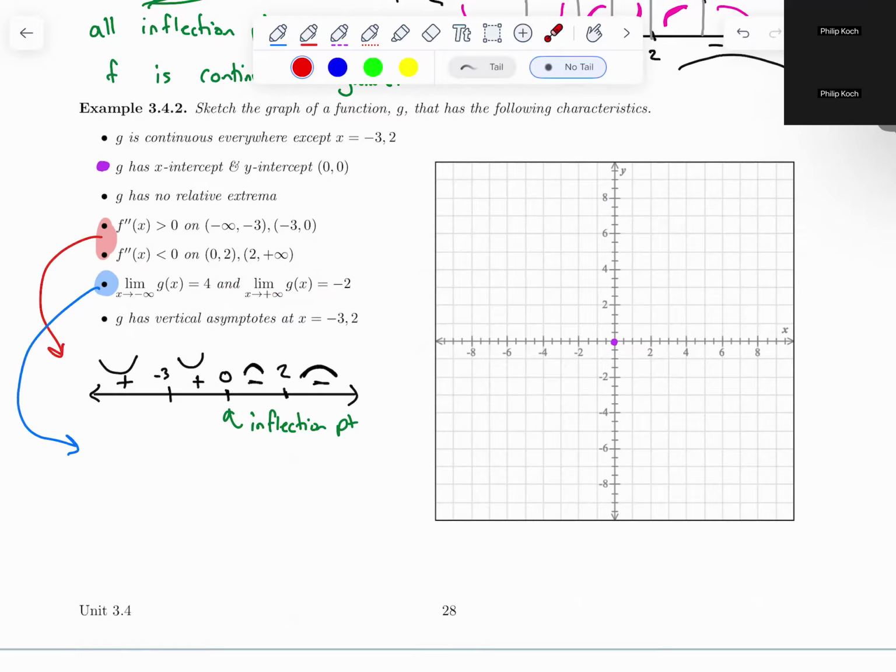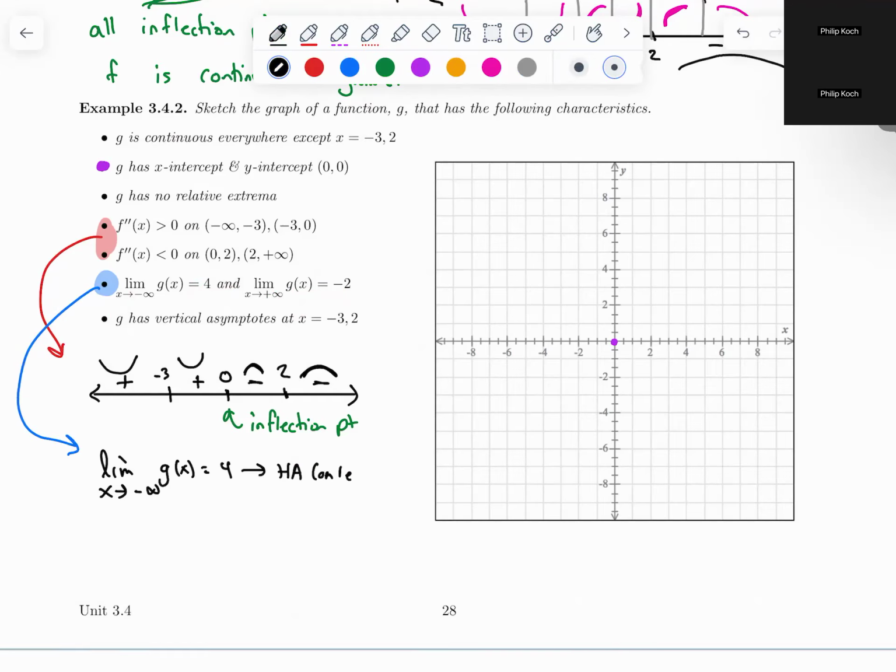So the limit as x approaches negative infinity of g of x equals 4 implies a horizontal asymptote on the left at y equals 4, and the limit as x approaches positive infinity of g of x equals -2 implies that there's a horizontal asymptote on the right at y equals -2.